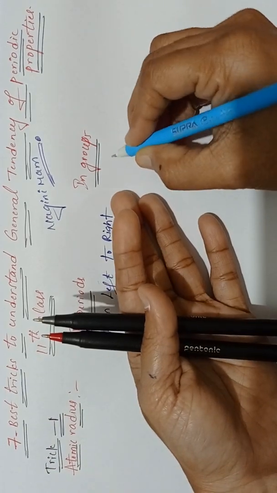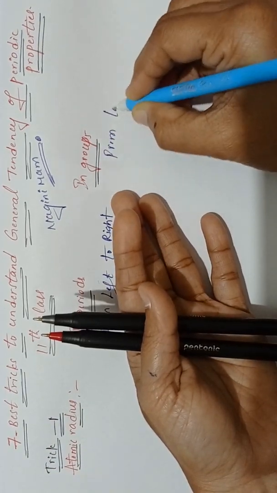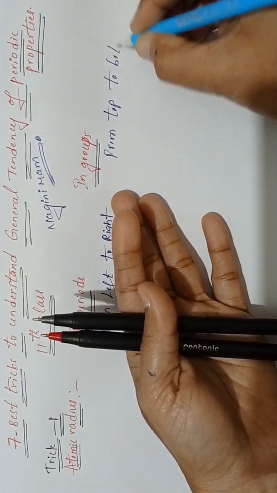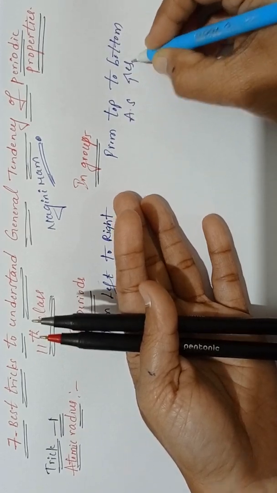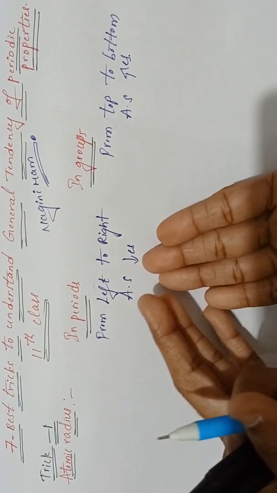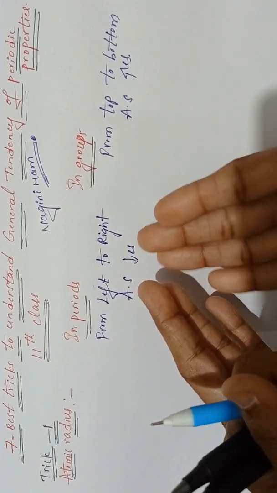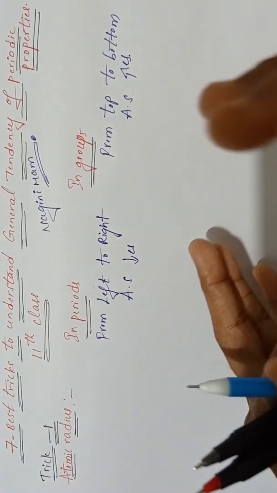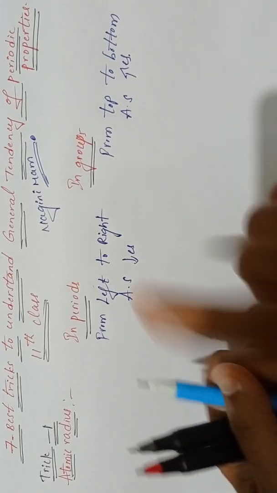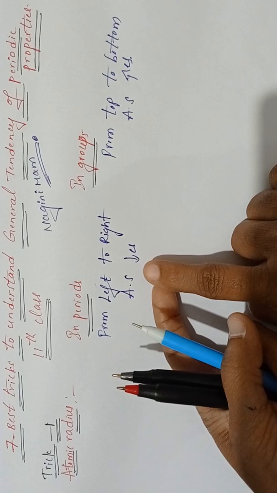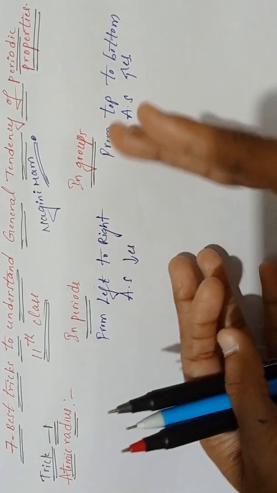In groups, students, from top to bottom atomic size increases, because in the periods the differentiating electron enters the same outermost shell from left to right.